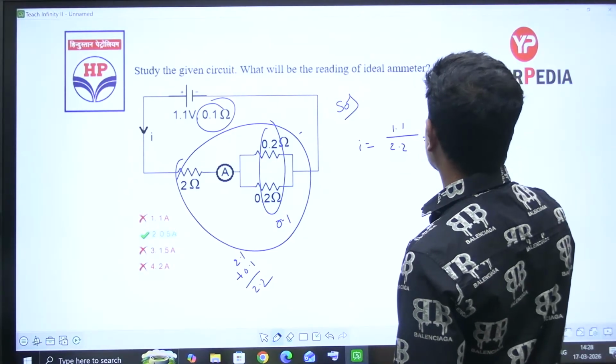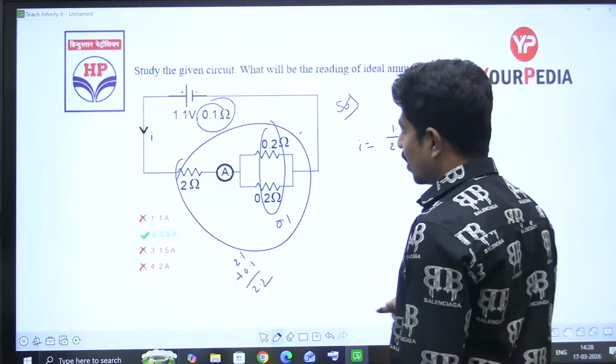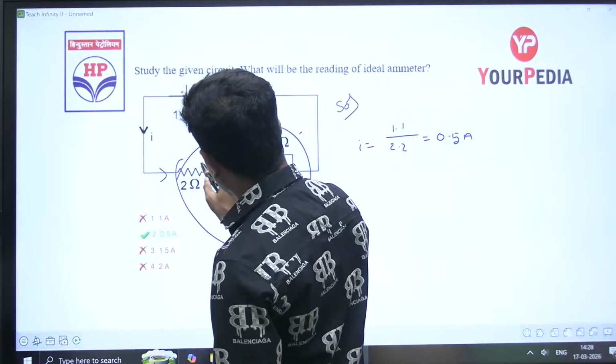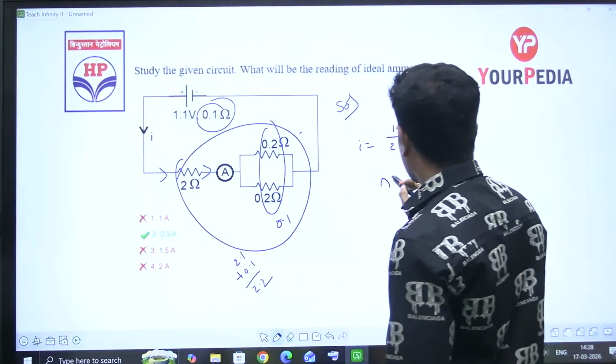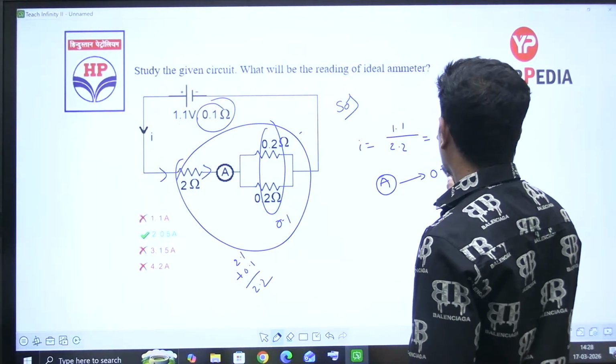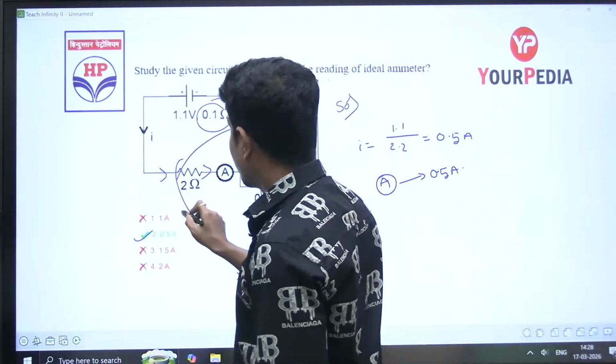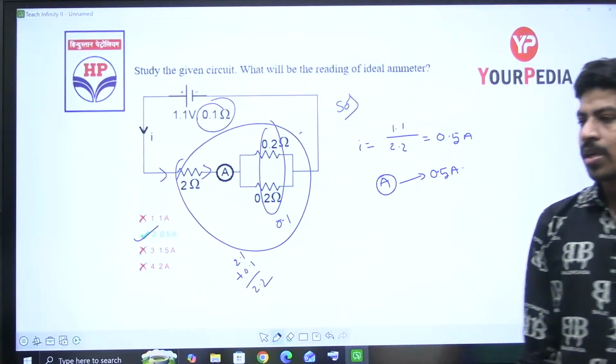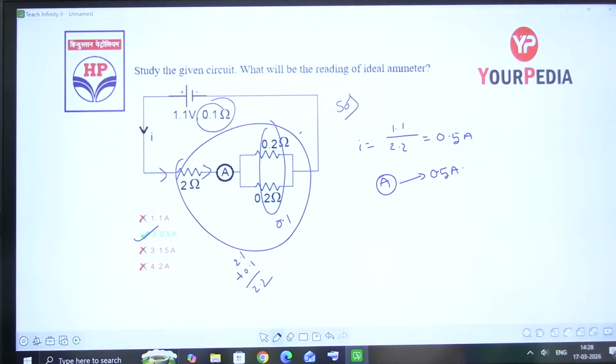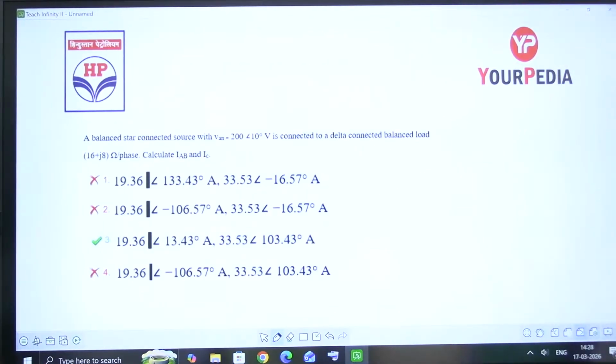This is 1 by 2, that is equal to 0.5 amperes. This ammeter is going to read 0.5 amperes. Pretty simple question.